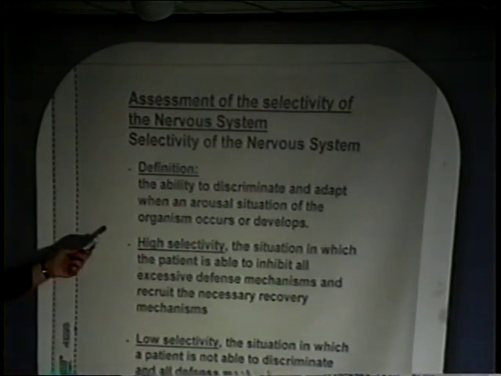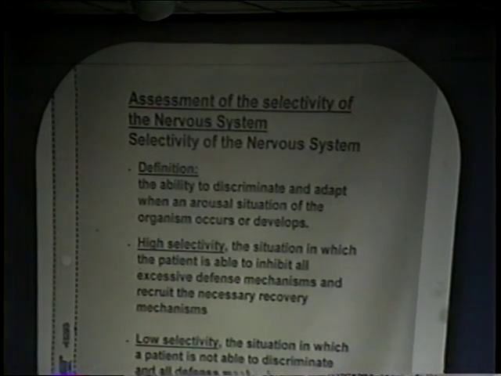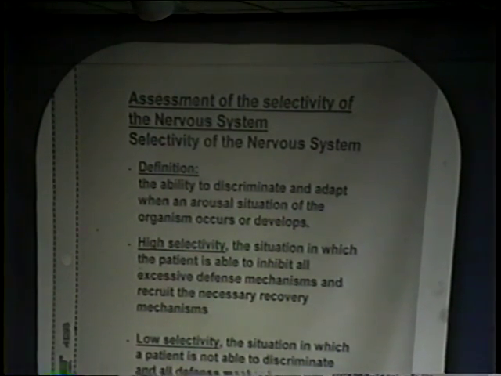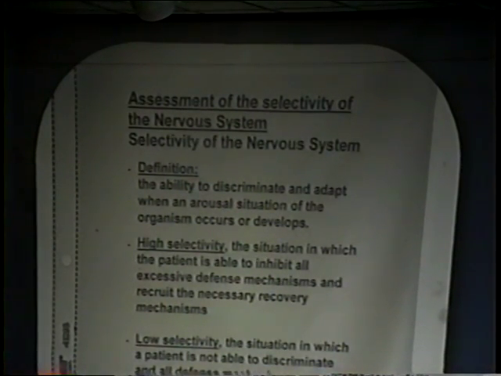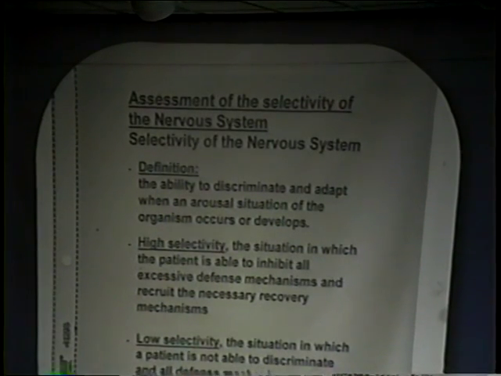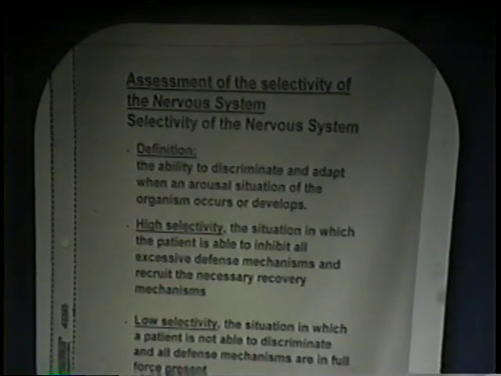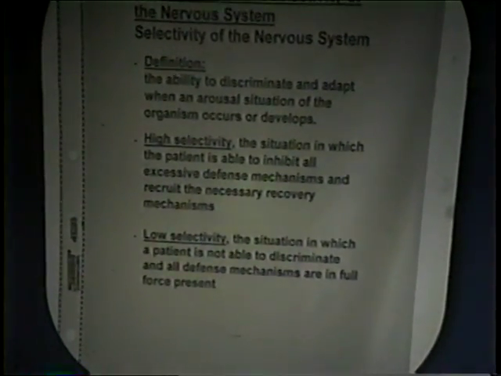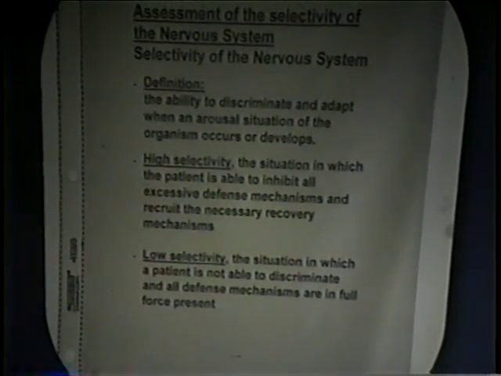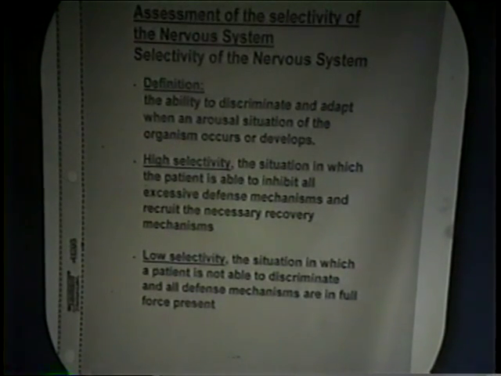We will talk about high selectivity. That is the situation in which the patient is able to inhibit all excessive defense mechanisms and recruit the necessary recovery mechanisms. A low selectivity is the situation in which a patient is not able to discriminate and all defense mechanisms are in full force present. So low selectivity is the manager who comes to your clinic.